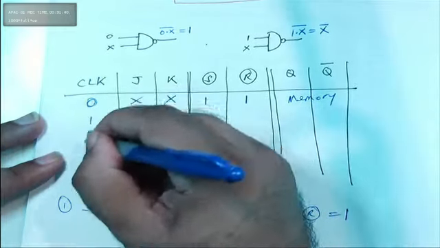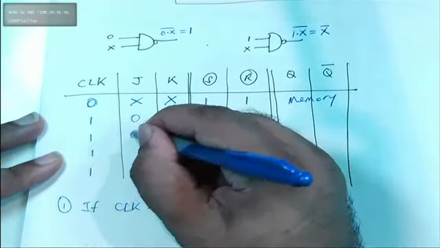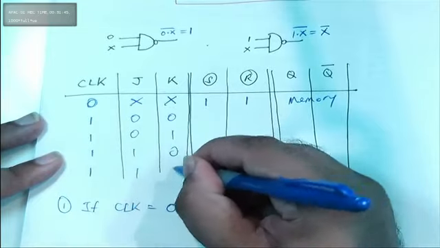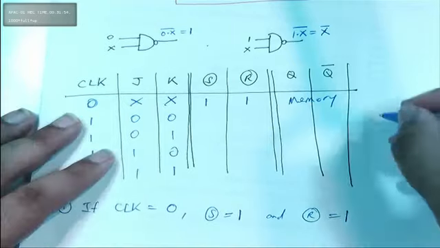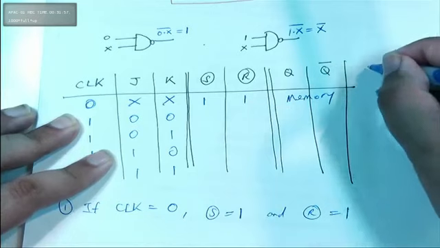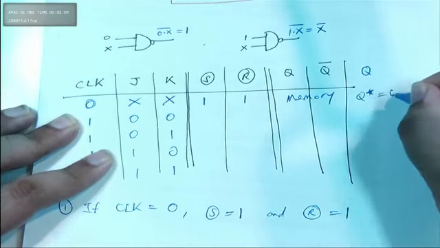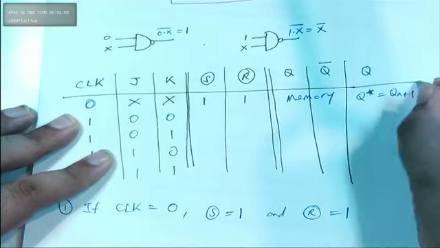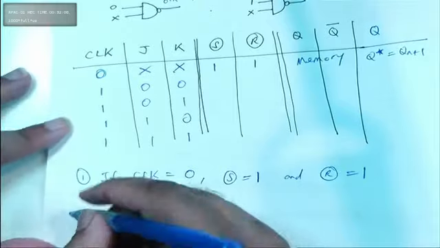Okay, let's now look at the ones: 1, 2, 3, 4 ones. 0, 0, 0, 1, 1, 0, 1, 1. The way to write it down is Q will be equal to Q star, which is the same as saying Qn plus 1. Now let's make another note.